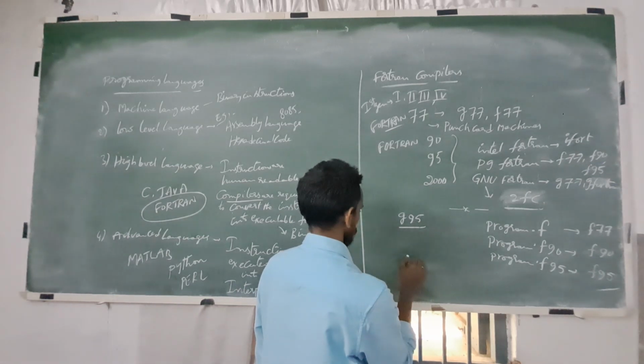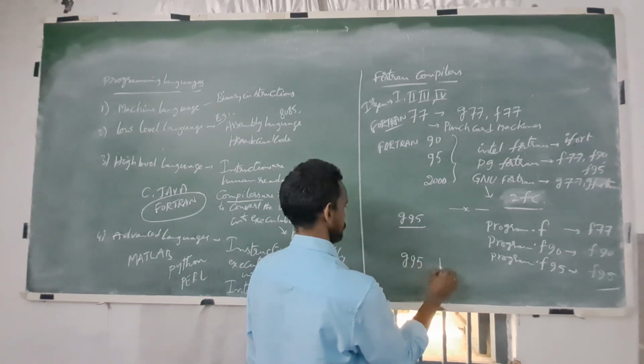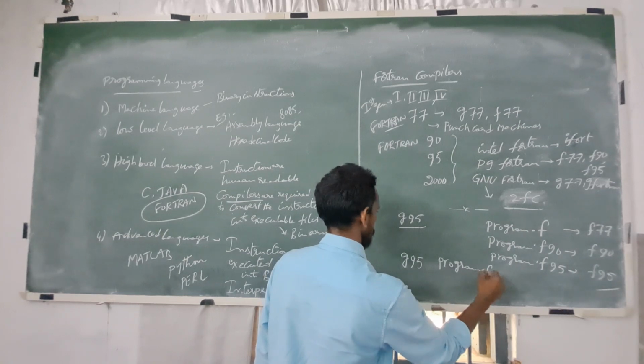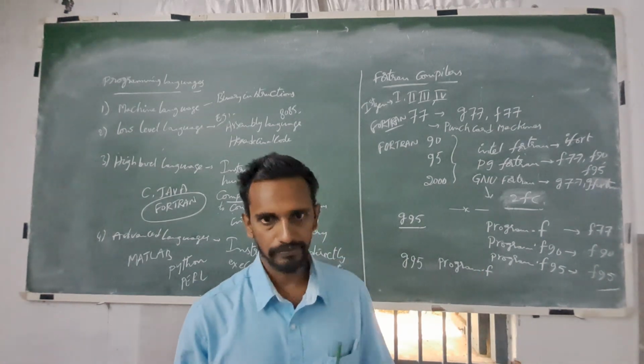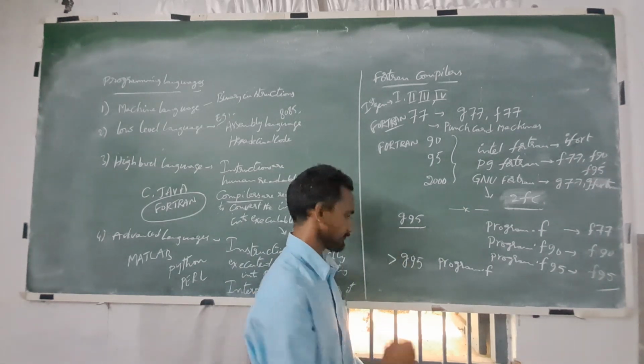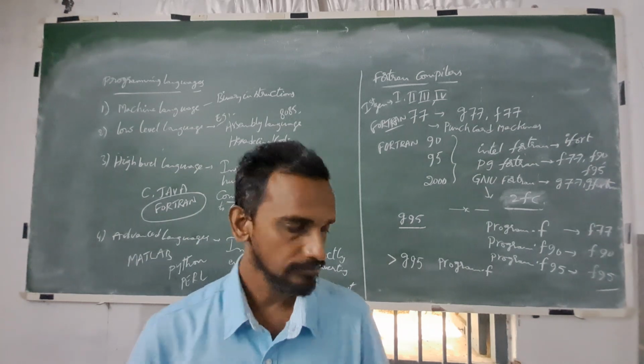So in the DOS shell, what I have to do is g95 program.f. This is how you compile the program.